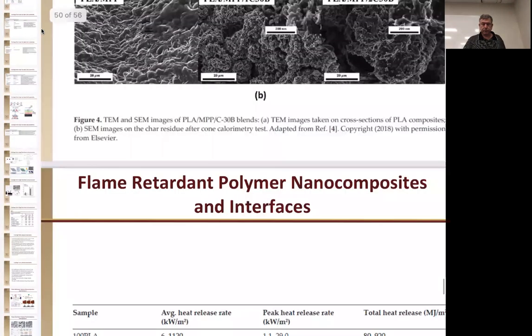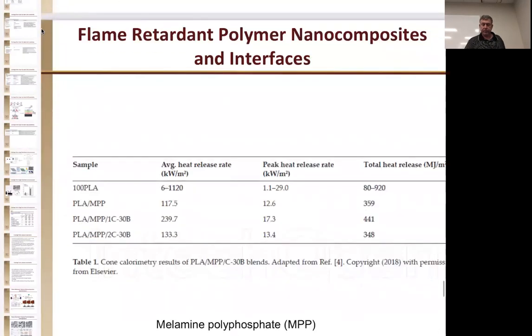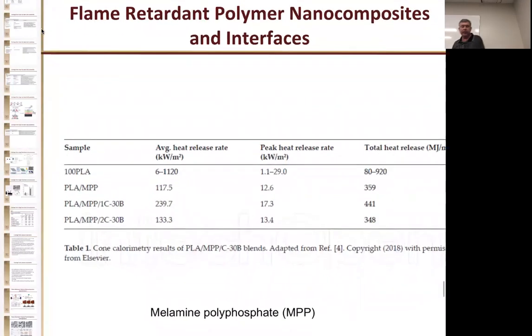Okay, so what are the results from here? What they saw was that the polymer by itself has a high heat release rate, but all of the composites had lower rates. Oh, wait, hold on, that is an additive. That's something phosphate, a flame retardant additive.